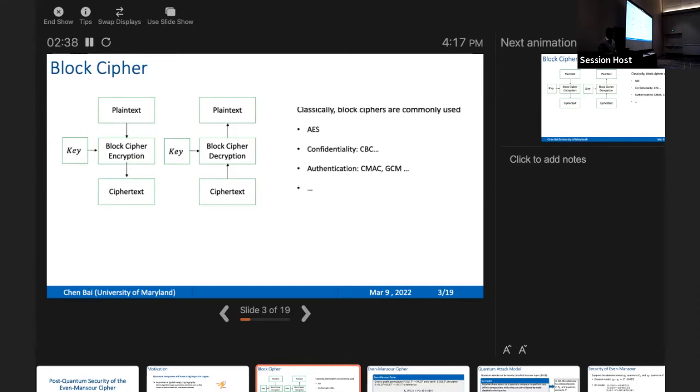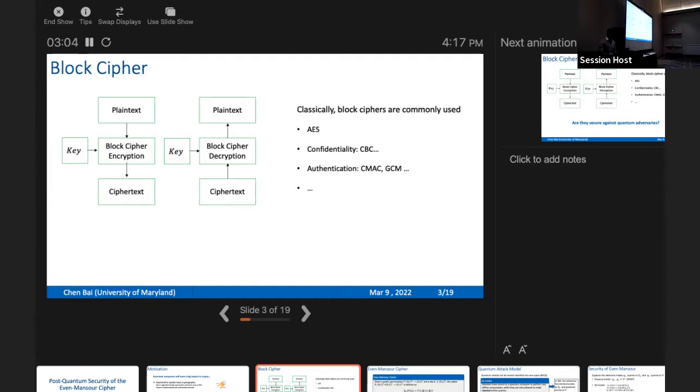Classically, block ciphers are very commonly used, for example, the most commonly used block cipher, the Advanced Encryption Standard. Also, block cipher modes are commonly used to provide information services, such as confidentiality and authentication. And here are the examples.